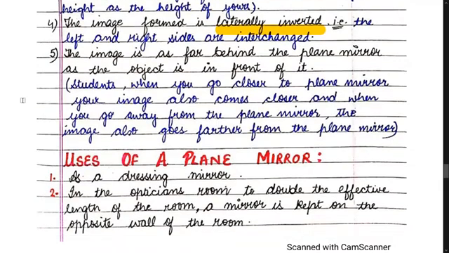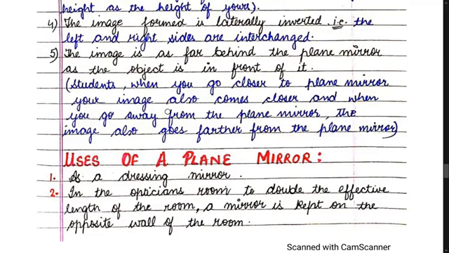The fifth and last characteristic is the image is as far behind the plane mirror as the object is in front of it. Suppose the object is at a distance of 2 meters in front of plane mirror, then the image is also placed behind the plane mirror at a distance of 2 meters.